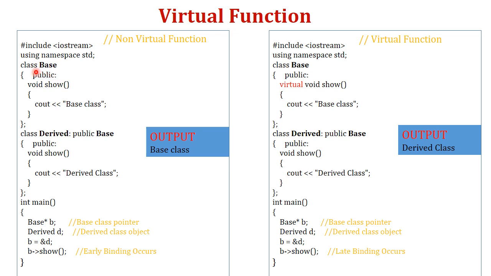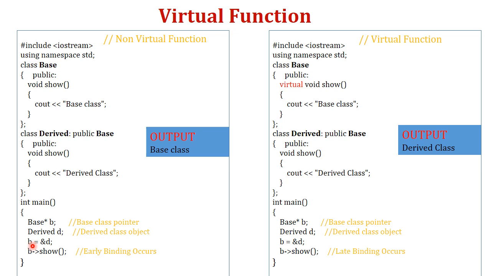For example, class base, where we define the function void show. The same function is redefined in the derived class. For example, class derived inherits the properties from the base class. Again, the same function is redefined in the derived class. In the main function, we create a pointer variable of the base class, and the object is created from the derived class.